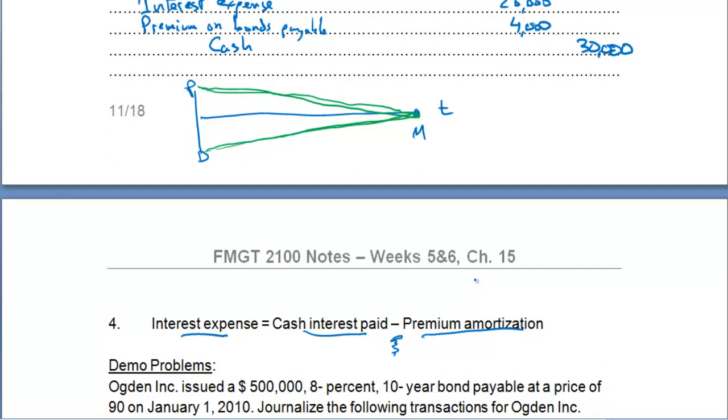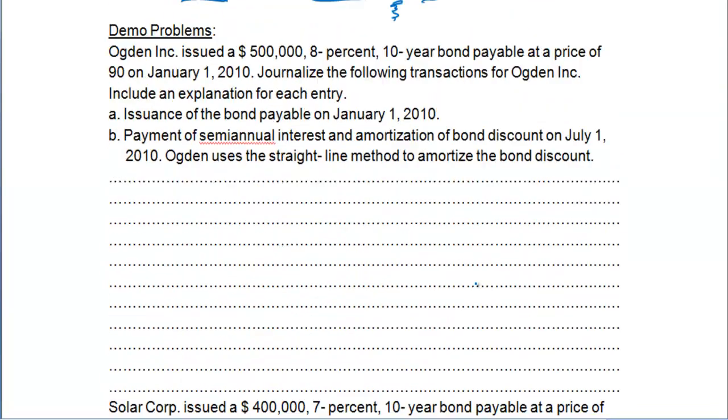Okay, let's do an example to help try to solidify this. Ogden Inc. issues $500,000 8% 10-year bond payable at a price of 90. Journalize the following transactions: the issuance, the payment of semi-annual interest, and so on. Okay, so on the 1st of January 2010, we issue the bond for cash.